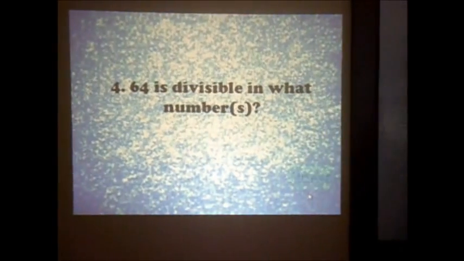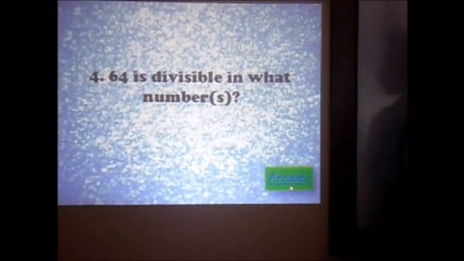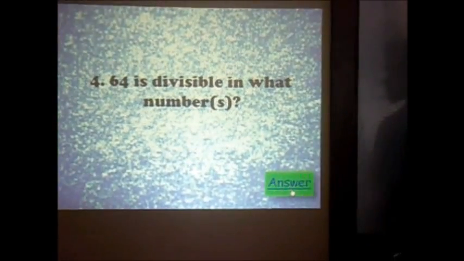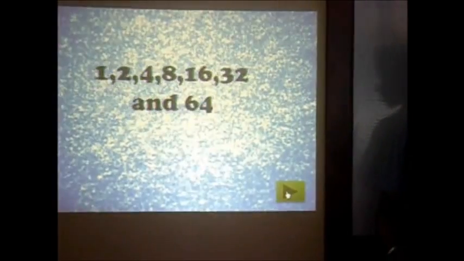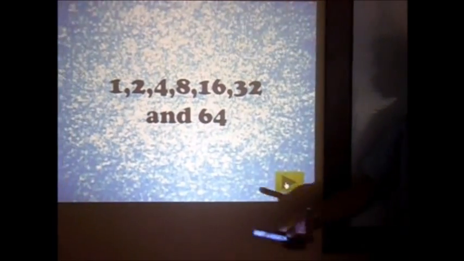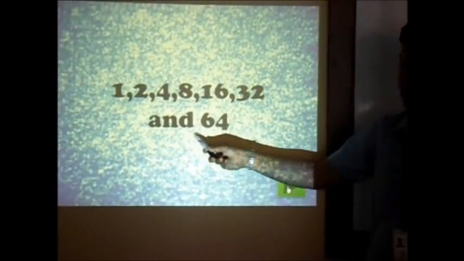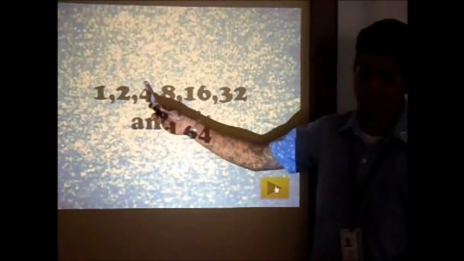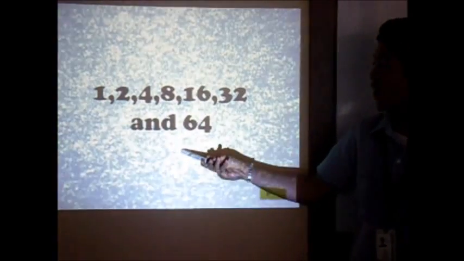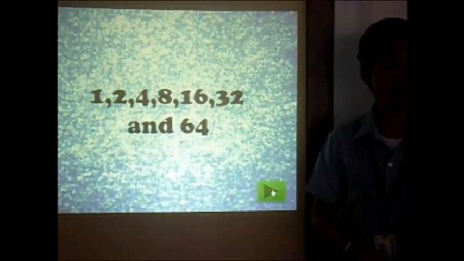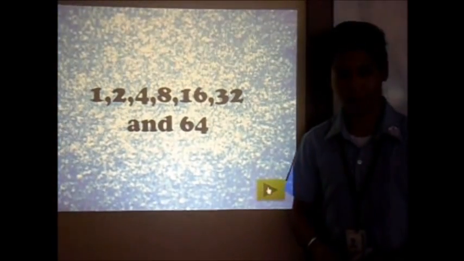We have the next question. 64 is divisible by what number or numbers? The answer: we have 1, 2, 4, 8, 16, 32, and 64. If 64 is divided by any of these numbers, we get no remainder.